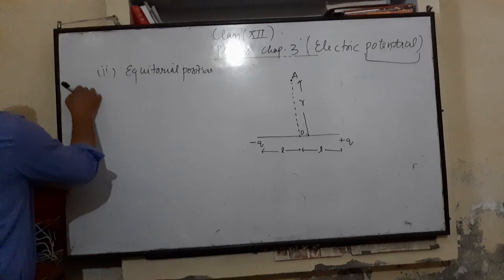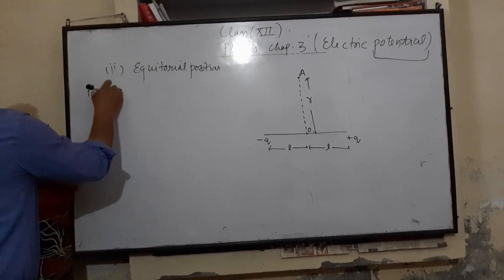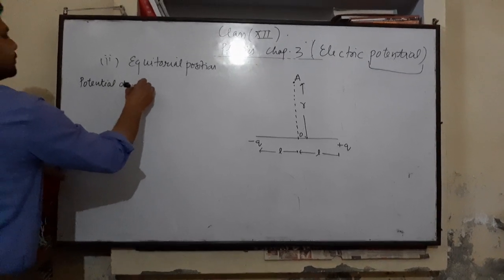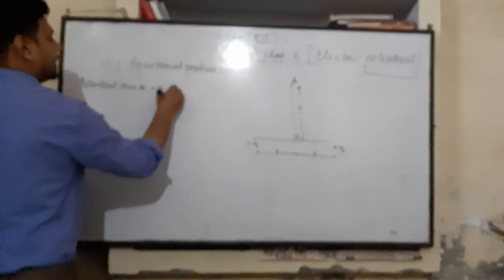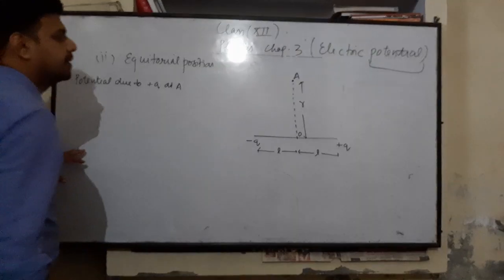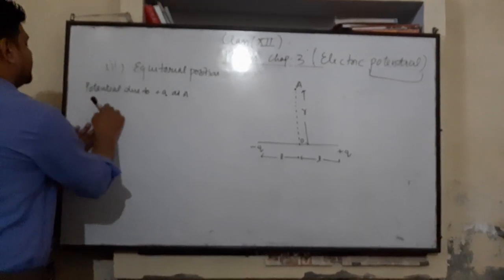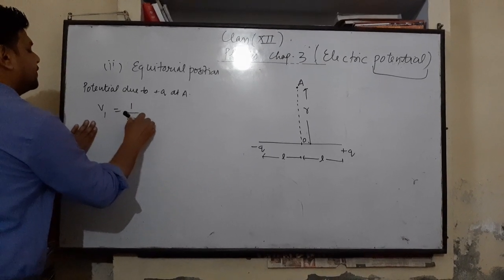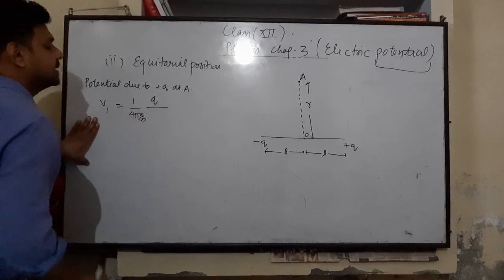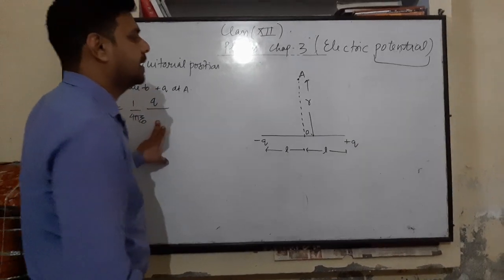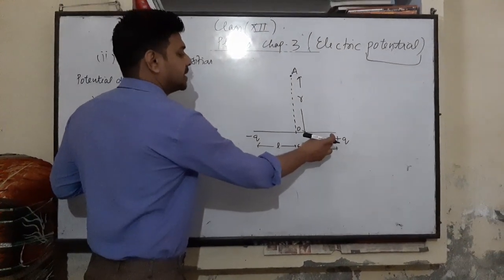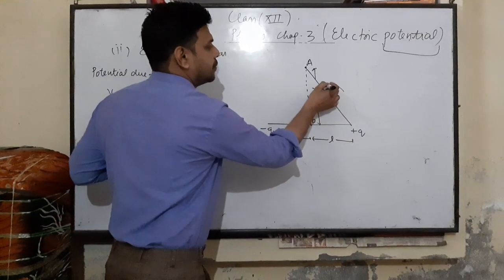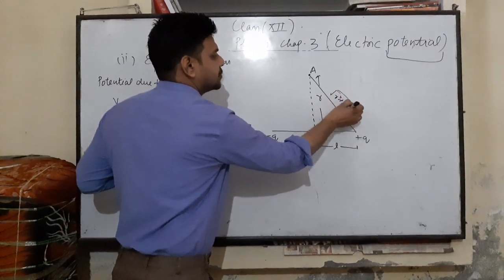So, potential due to plus q at A, say V1, is 1 over 4 pi epsilon naught, the value of charge is plus q with sign, and upon r. r is the distance between the charge and the observation point, which is under root r square plus l square.